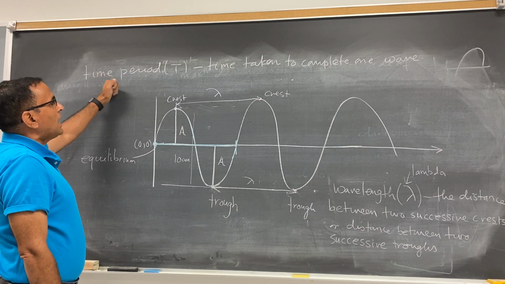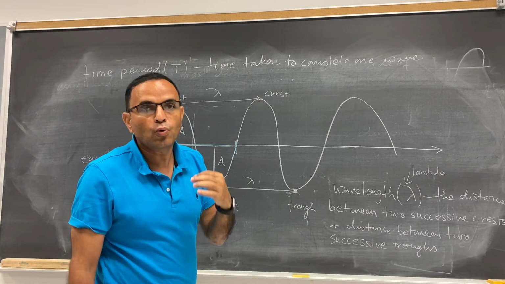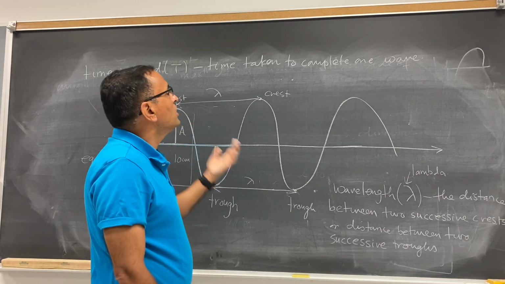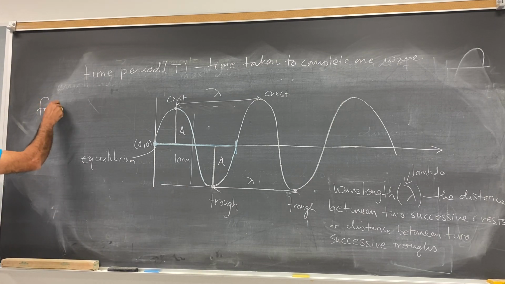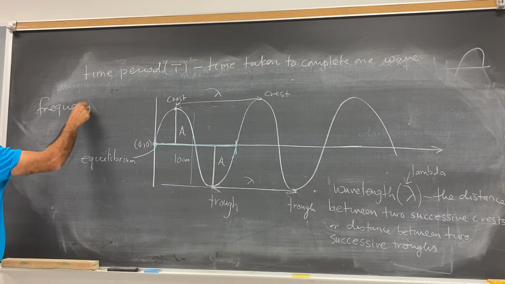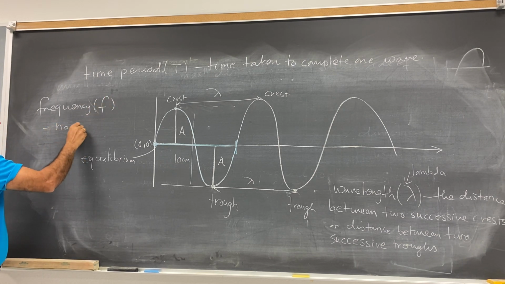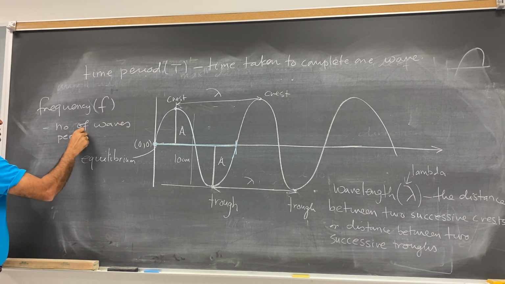So here we define time period, and here you can also define the frequency. Number of waves per unit time, number of waves per second, that is the frequency. You can write it simply as f.